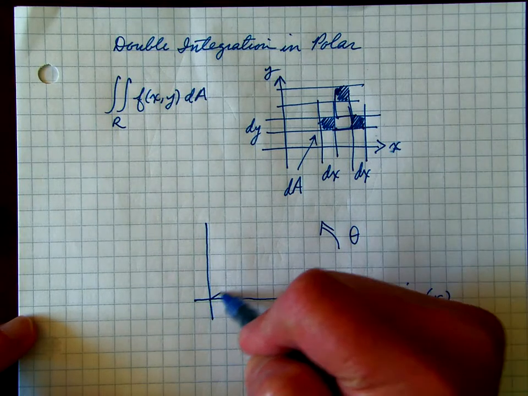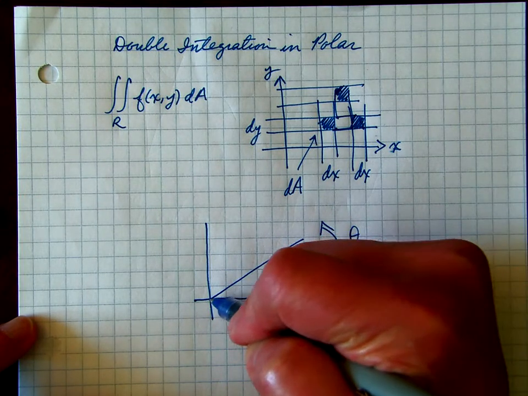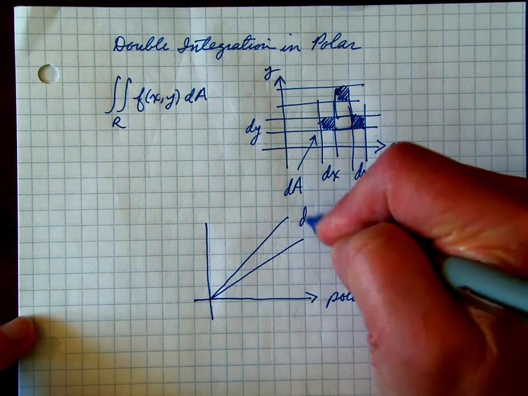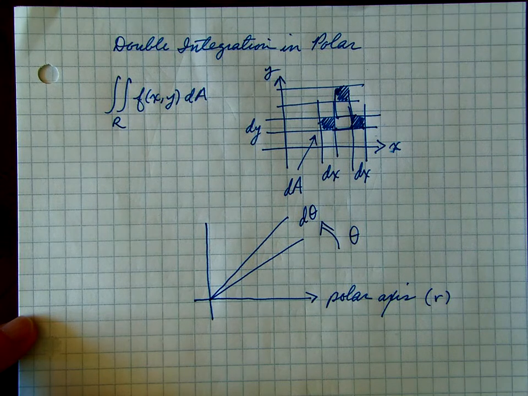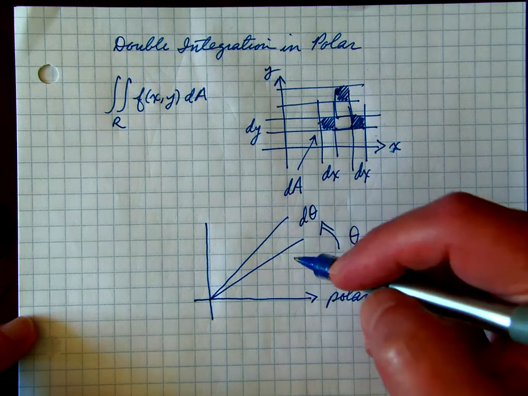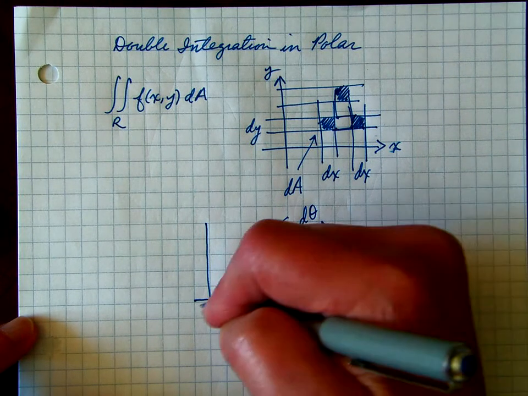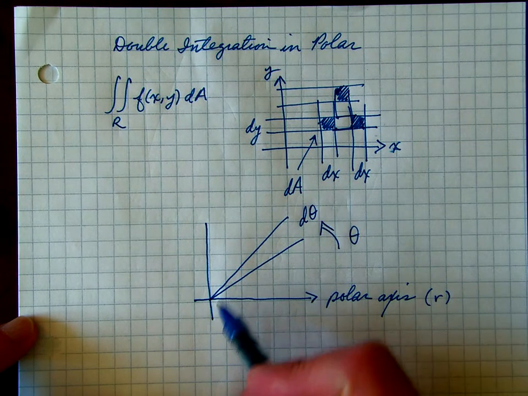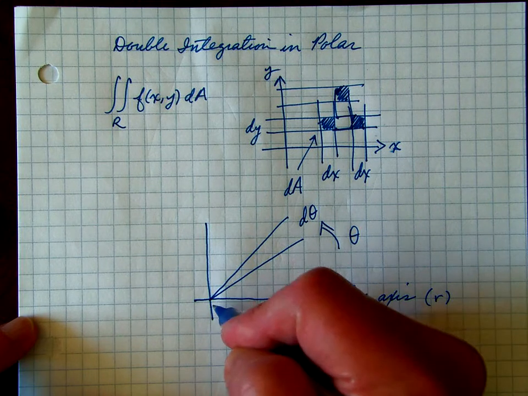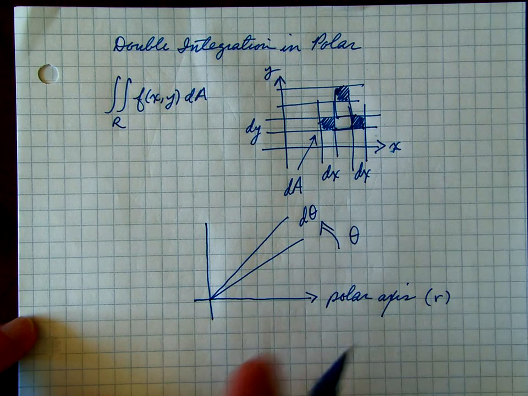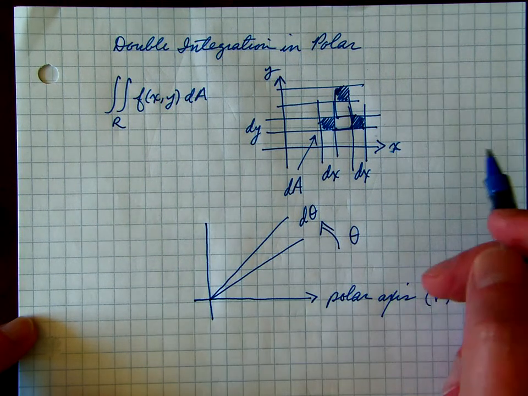If we took a slice of angle and called it d theta, well, d theta would have a pair of rays coming out from the pole, and it gets wider as you go out further.